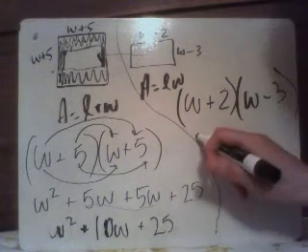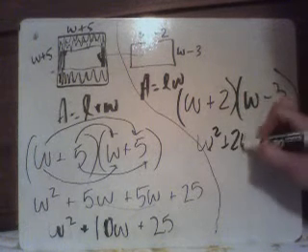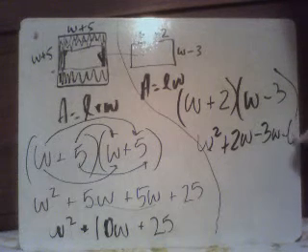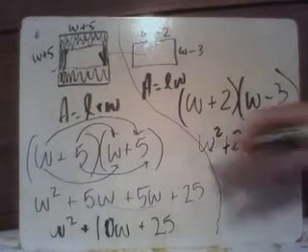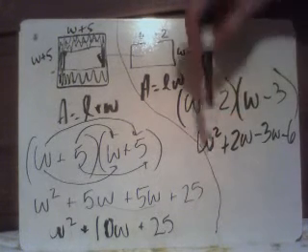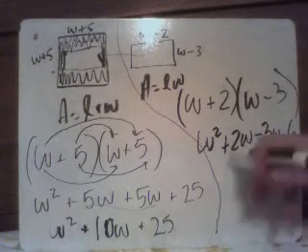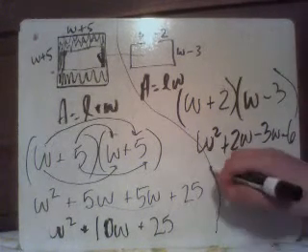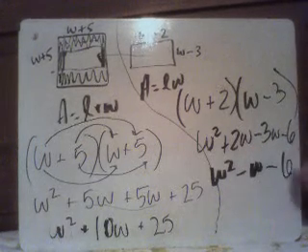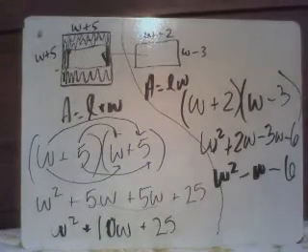So I'm going to get w squared plus 2w minus 3w minus 6. Sorry, it's kind of hard to see. This is not the best situation here. So I FOILed it. W squared plus 2w minus 3w minus 6. I combine my two like terms and I get w squared minus w, 1w, minus 6. So I have w squared minus w minus 6.